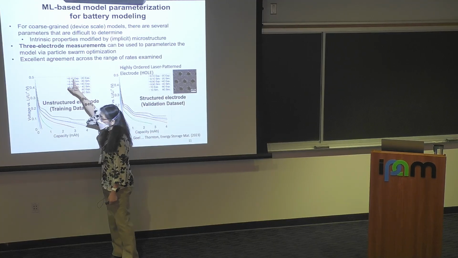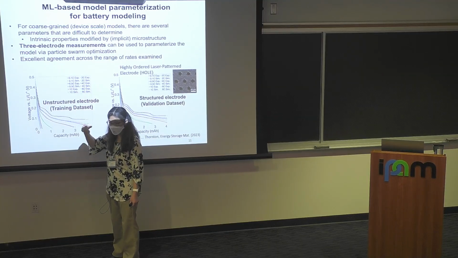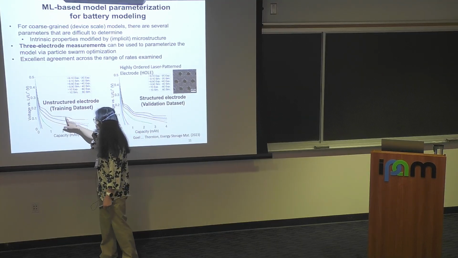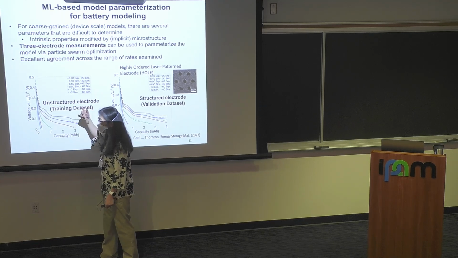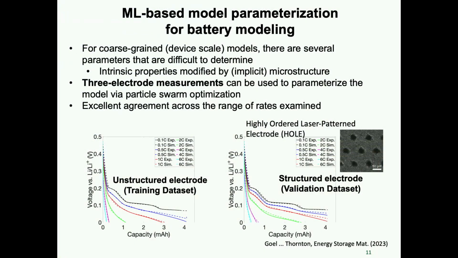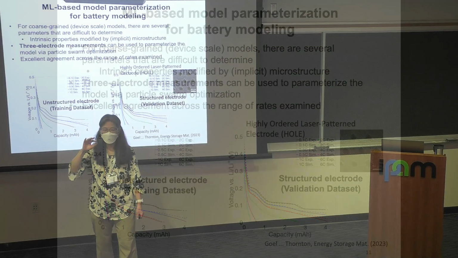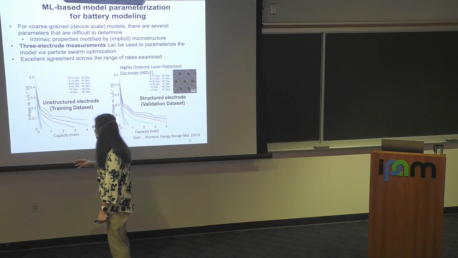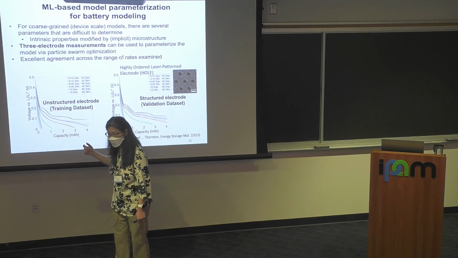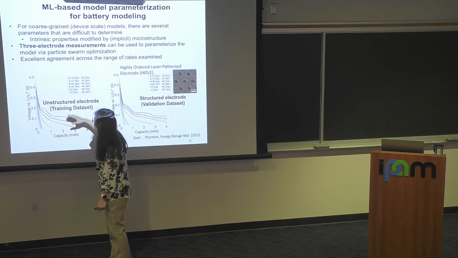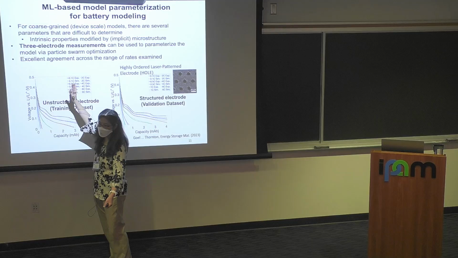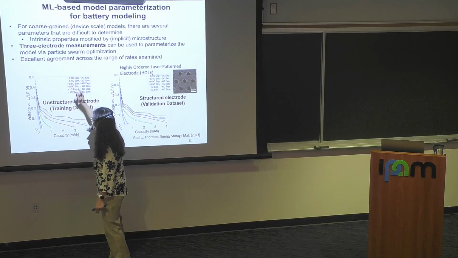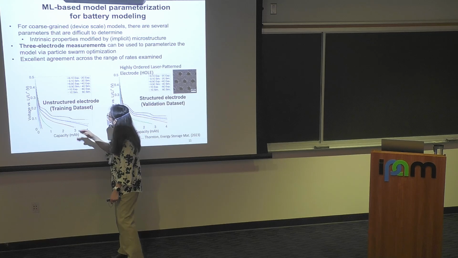So 0.1 C, which means C over 10, 10 hours. This is charging, and what you see here is pretty much very close to the open circuit voltage of the graphite. We usually ideally use slower than C over 10, but this was what we had. C over 30 is better.